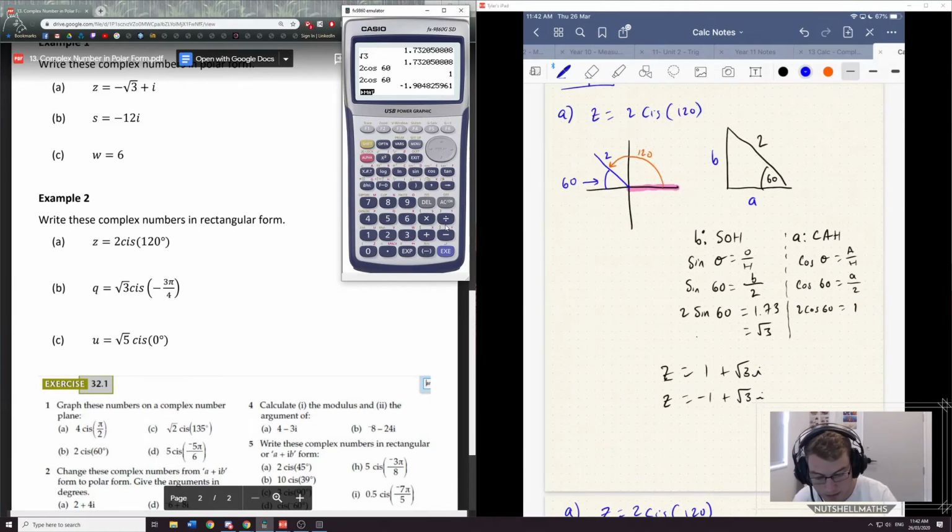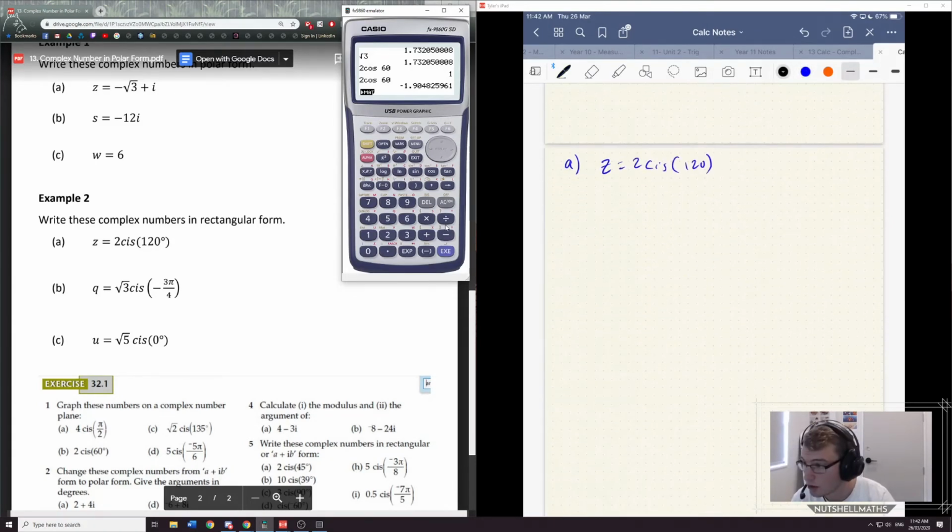Now, let's back up. We know that this actually means 2 times cos 120 plus I sine 120. You with me?